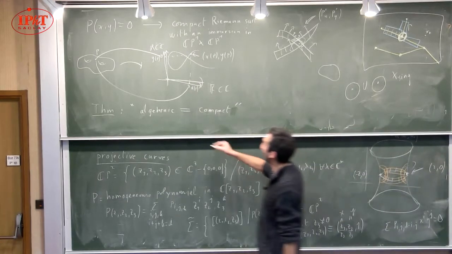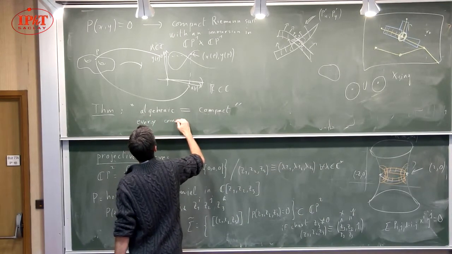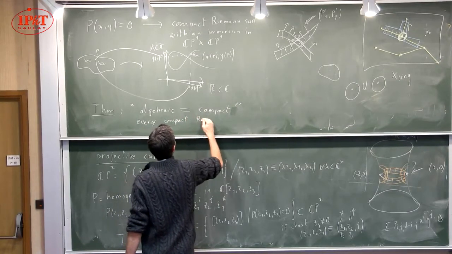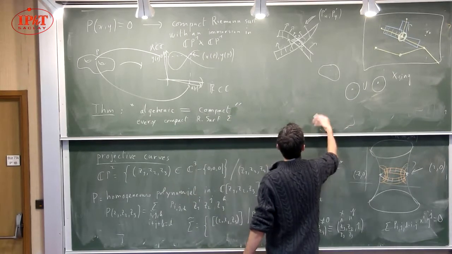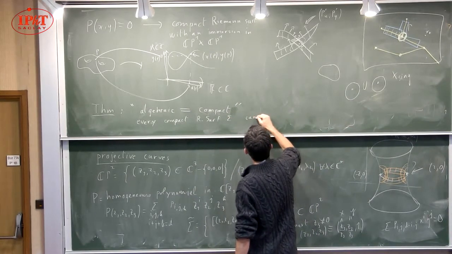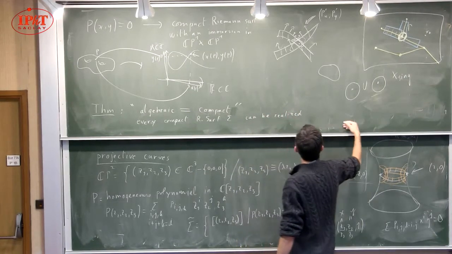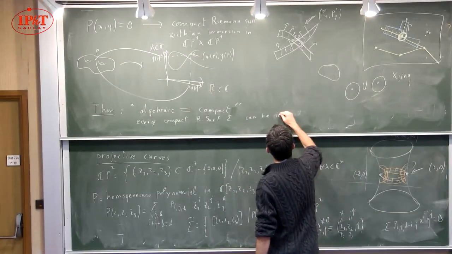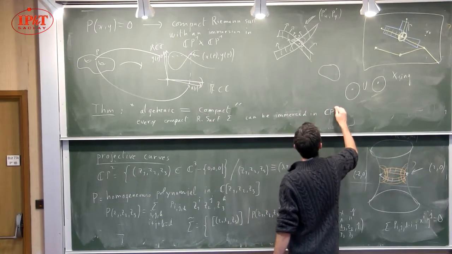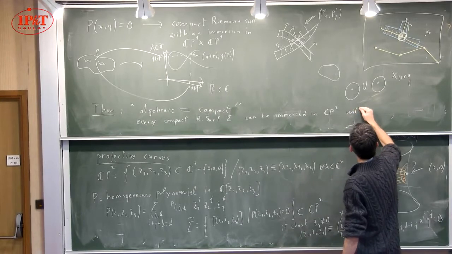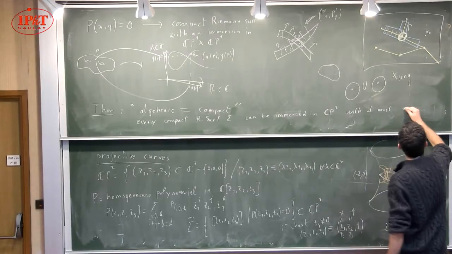So the true statement is that every compact Riemann surface sigma can be realized, can be immersed in CP2 with at most simple nodal points.